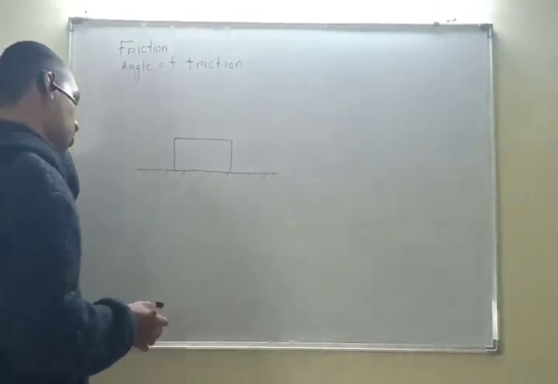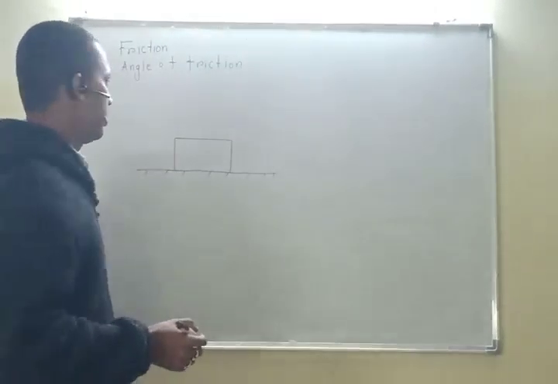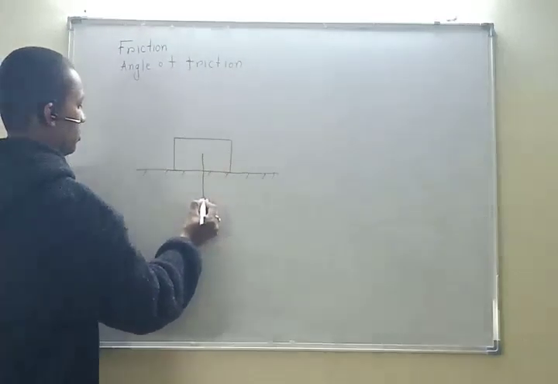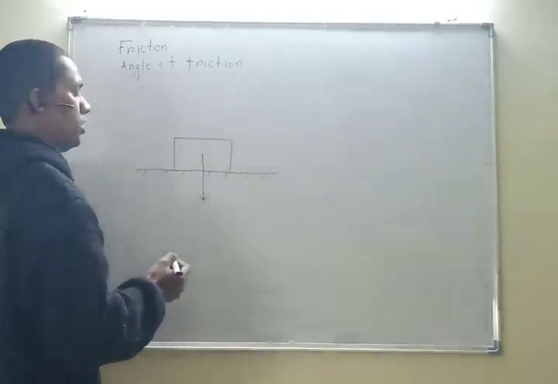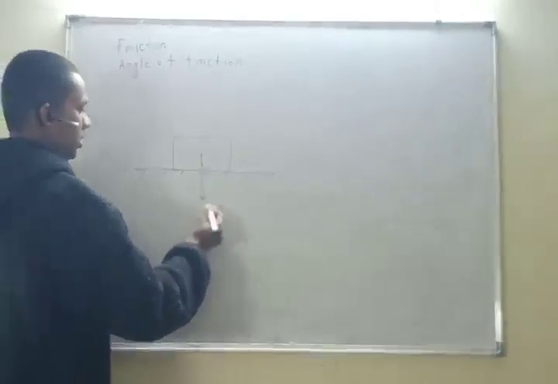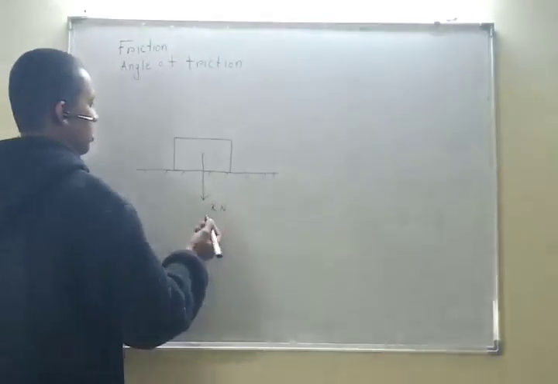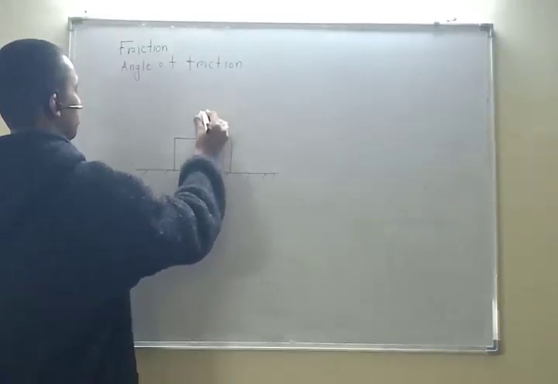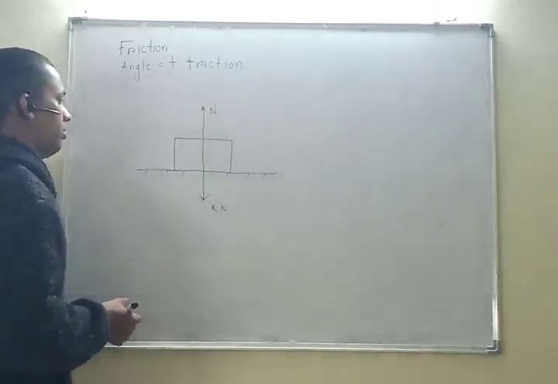Now the body will be having some weight. Suppose this is the weight of body. If this is the weight, some x Newton, then the opposite will be the reaction. So this is the normal.